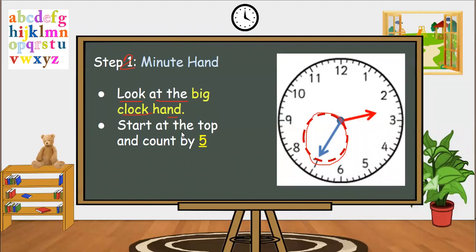Let's start at the top and count by 5. Look at this one. 1 is 5 minutes, 2 is 10 minutes, 3 is 15 minutes, 4 is 20 minutes, 5 is 25 minutes, 6 is 30 minutes, and 7 is 35 minutes. The minute hand stops at 7. So it means 35 minutes.